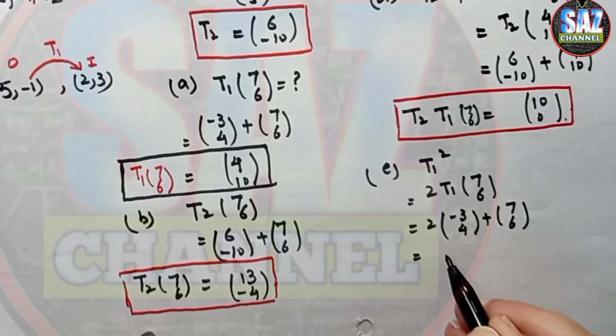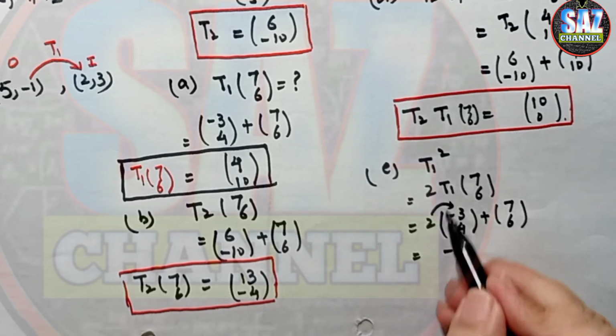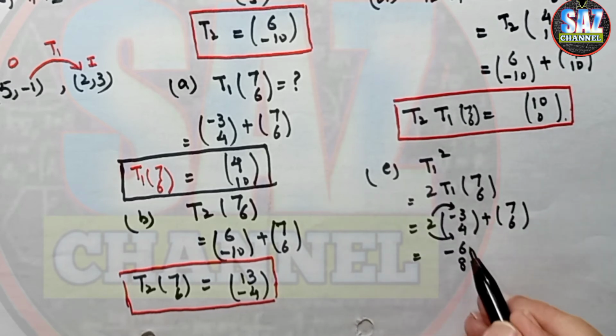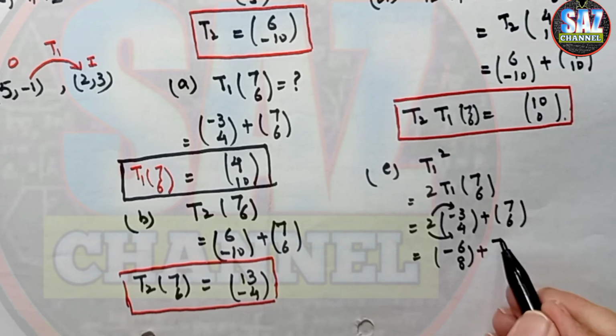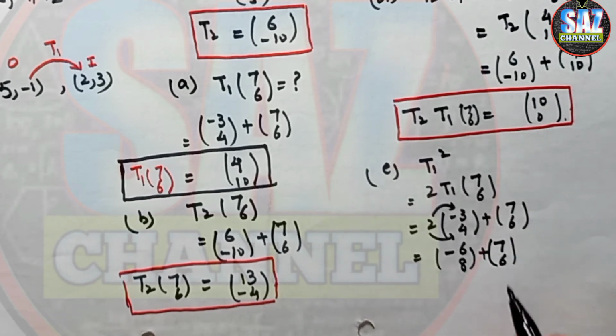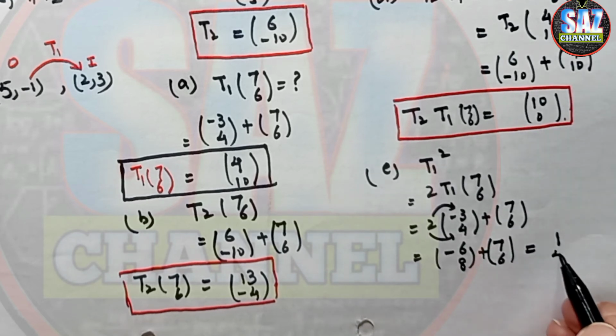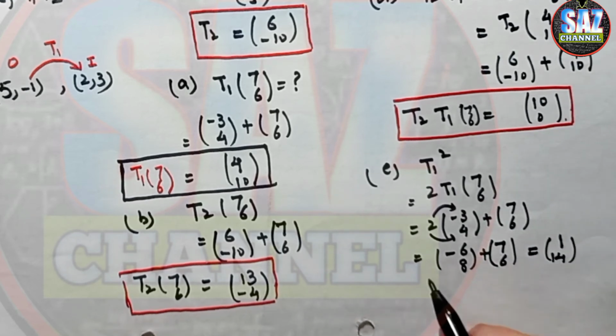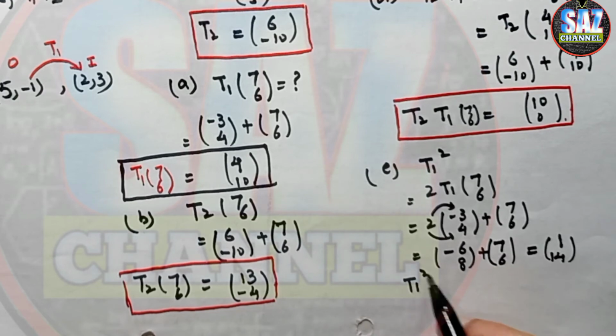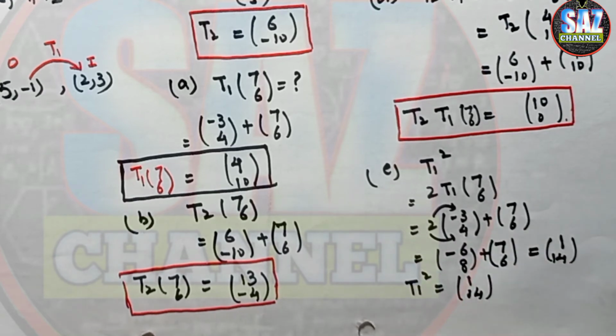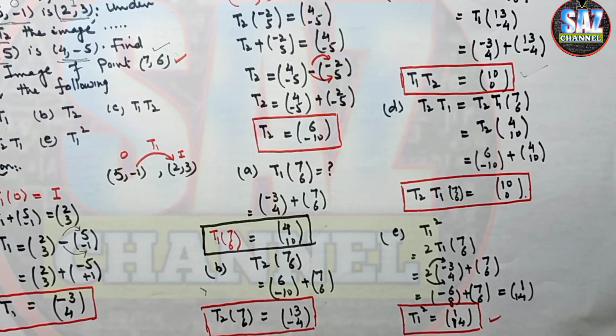Now this will become (-6, 8) plus (7, 6), and it will give me 7 minus 6 is 1, and 6 plus 8 is 14. So the answer of T1 square is (1, 14). Really easy question. I hope you are clear about the solution of this question.